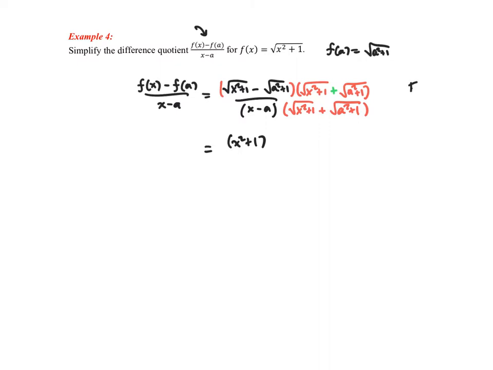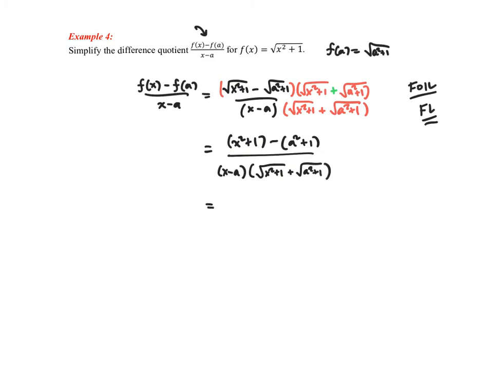So foiling conjugates actually becomes just first last. So it's kind of nice. Okay, and then when I multiply square root of a squared plus 1 times itself, I get a squared plus 1. Okay, and now the denominator is going to be messy, but we can do some work with that. All right, let's go: square root of x squared plus 1 plus square root of a squared plus 1. Hopefully you're sticking with me here.